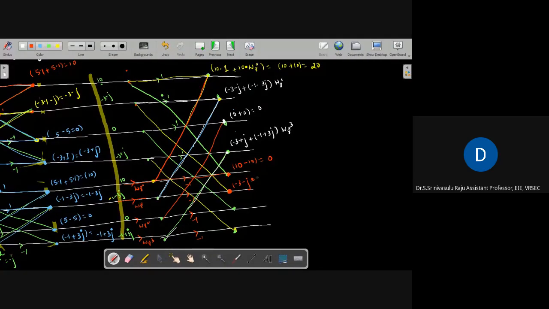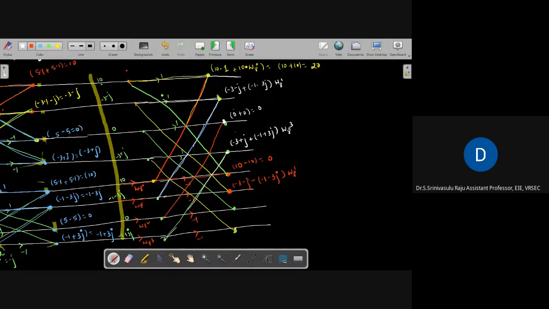I am writing minus because we have already multiplied with minus, so -3 minus j minus (-1 minus 3j) multiply with W8 of 1.